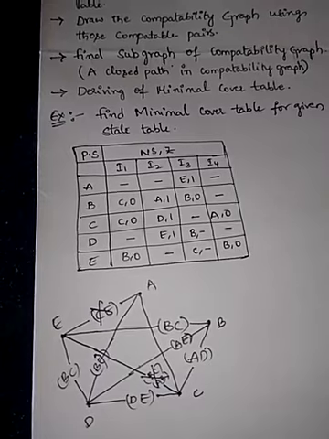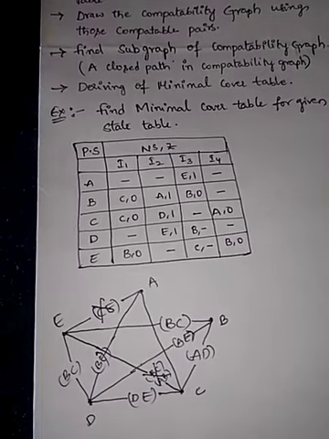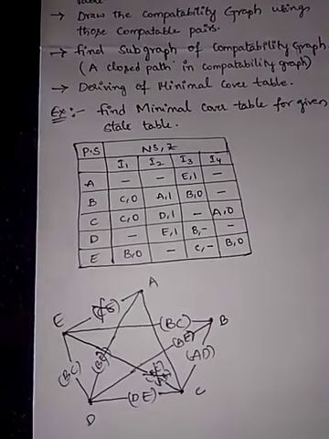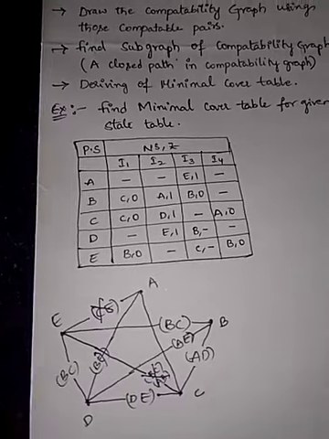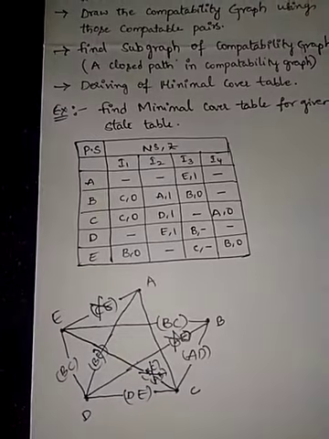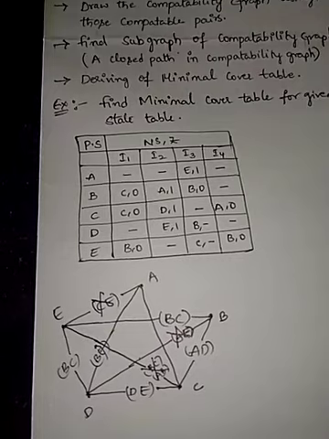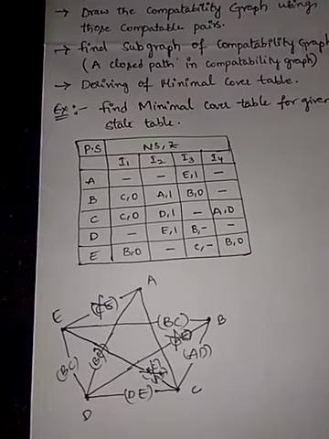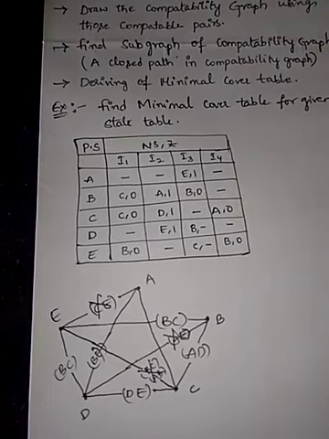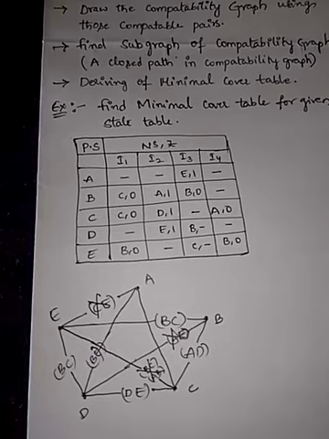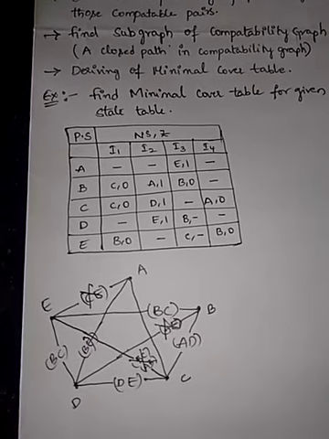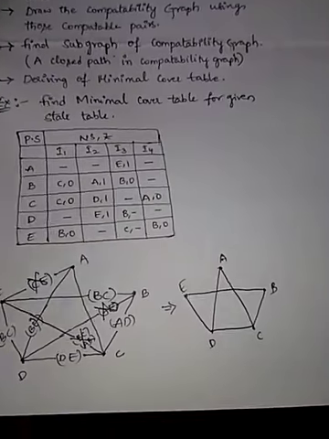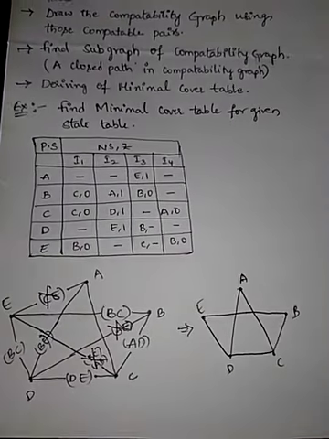Next, as A comma E is not compatible, you check the line between B comma D. In B comma D we also have A comma E, so that is also erasable. After erasing all this, you verify the remaining ones: BC is present, B is present, so we have all of them. Therefore, the finalized merger graph is a simplified graph like this.